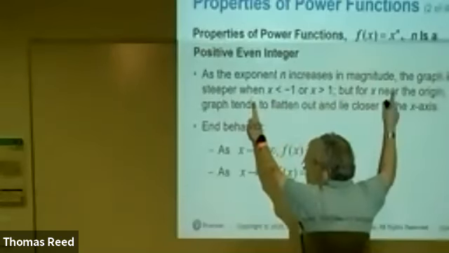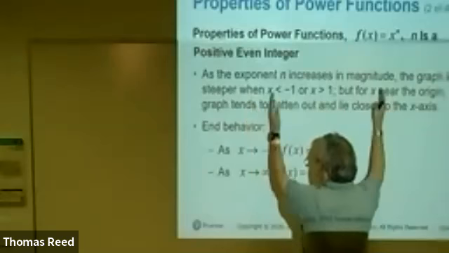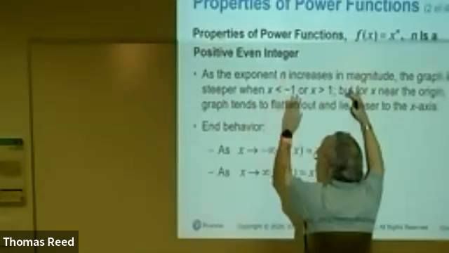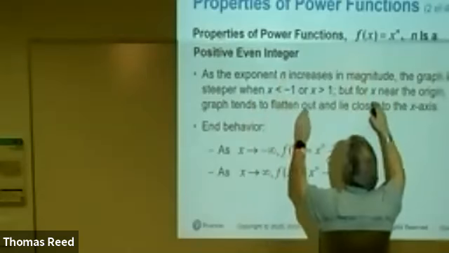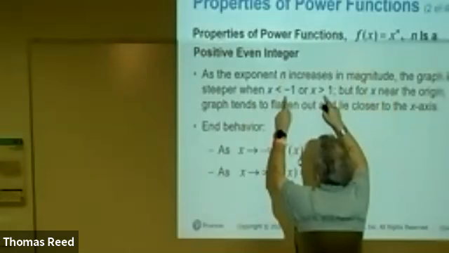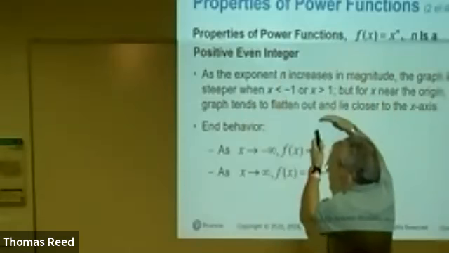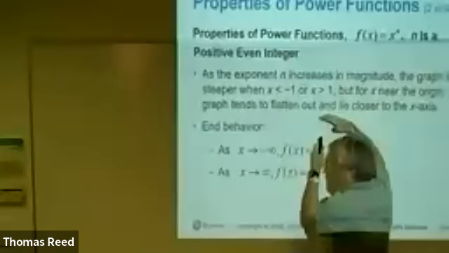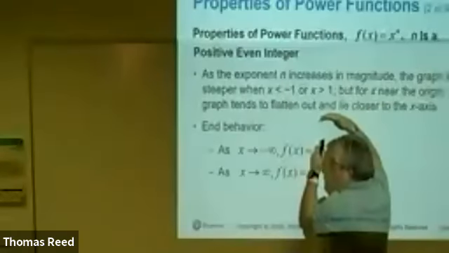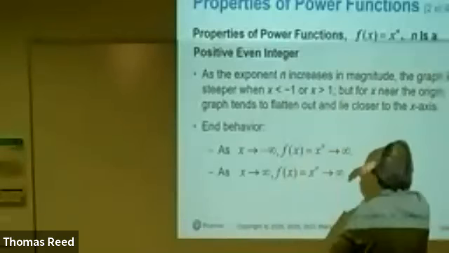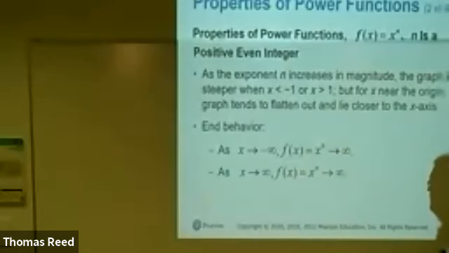Outside of -1 and +1, the graph gets steeper. But in between -1 and 1, the graph tends to flatten out and look like it's getting closer to the x-axis, to the point where it looks like it is the x-axis. But the only time it is on the x-axis is when x is 0.